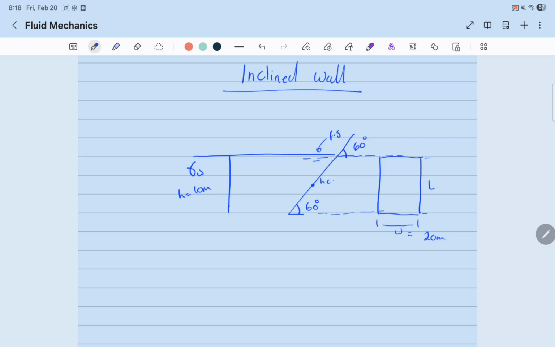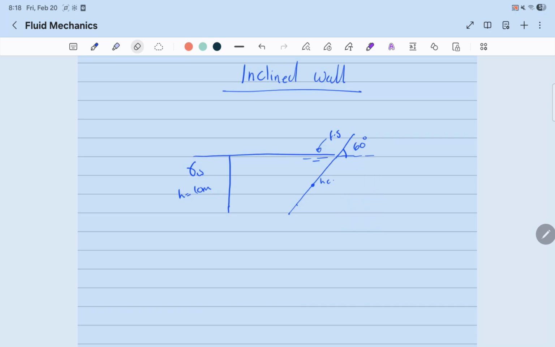So the area is basically width times length. That's the area of this rectangle that is exposed to the fluid. Now, in order to find L, we have to use a new approach.